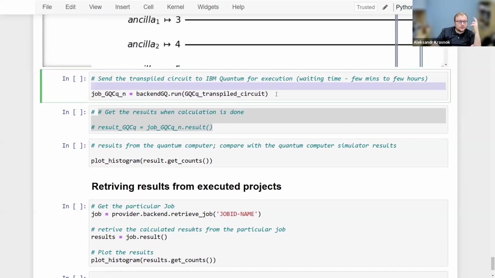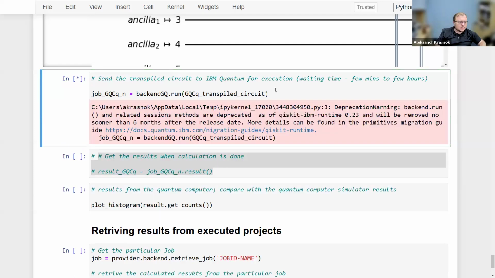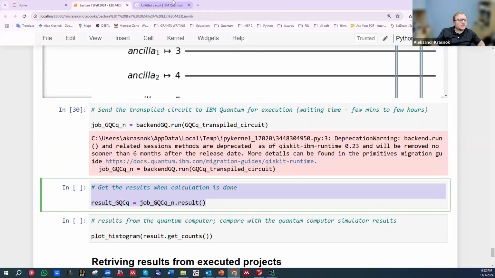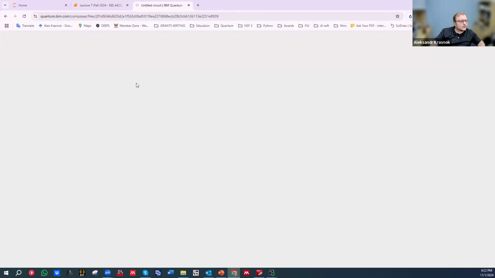Right, and then you need to send this project to the IBM backend, right? And then when it will be executed in a while, so it's sent, we can check that project appeared in my project list. Oh yeah, it was frozen. So it got stuck. I don't know.